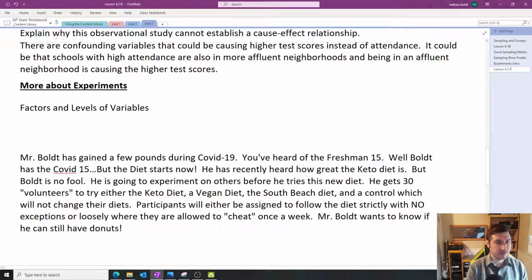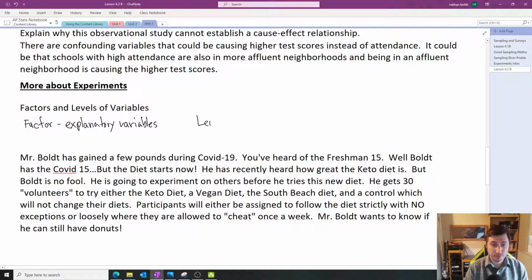So your factors are simply your explanatory variables. And oftentimes you will have more than one.